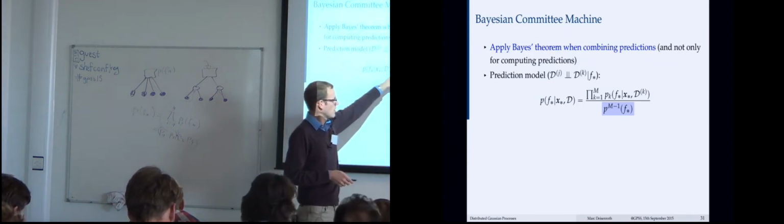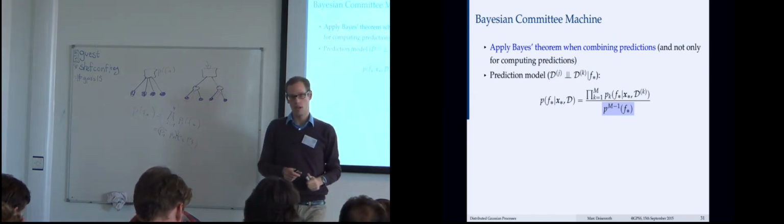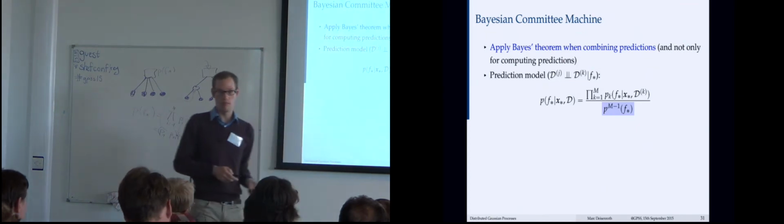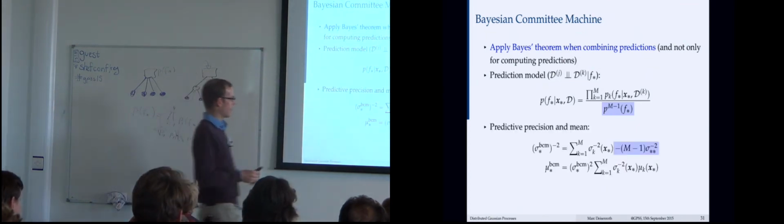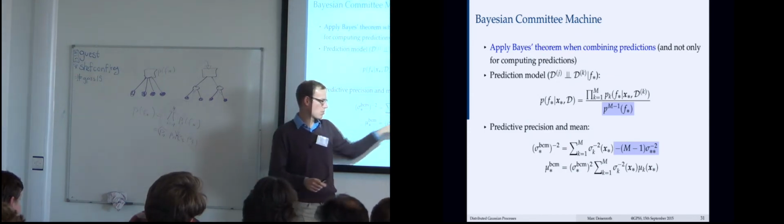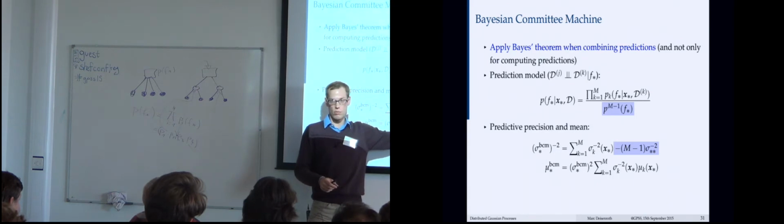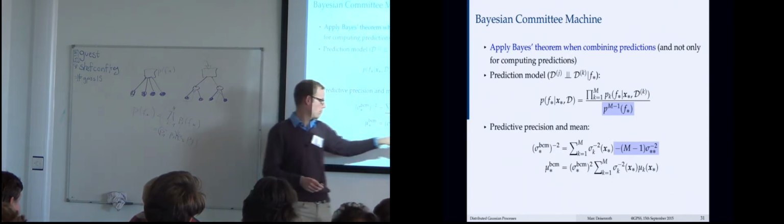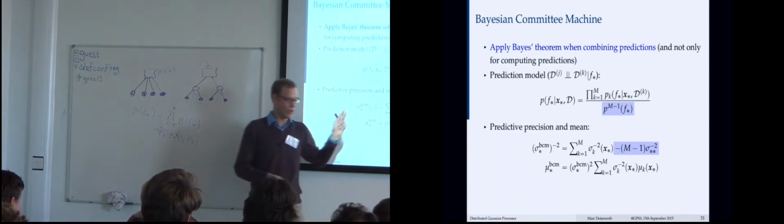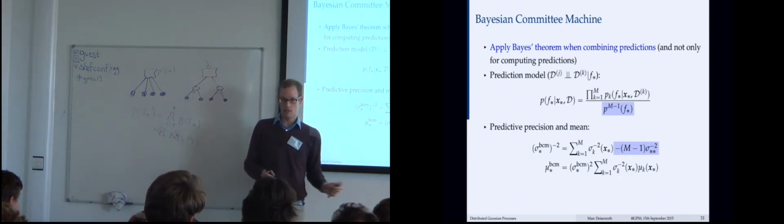So it's the product of experts model divided m-1 times by the prior. That's the BCM. And if you look at the precision, it's exactly the same as the product of experts model. You just subtract m-1 times the precision of the prior. That's all. And more or less the same update equation for the mean once you computed this one. That's all.